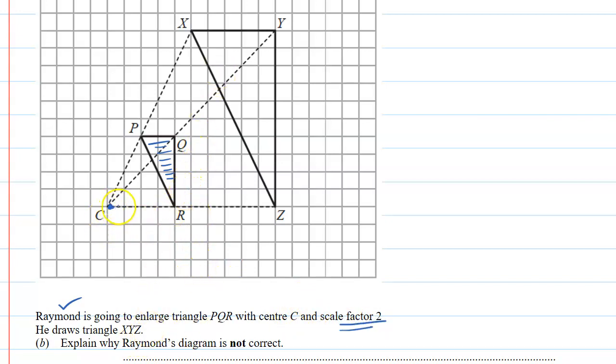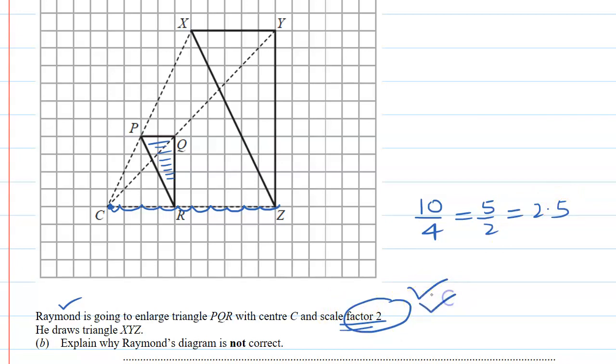If you see how many lines there are: 1, 2, 3, and 4. Total 4 distance here, then it will be 5, 6, 7, 8, 9, and 10. So the scale factor is 10 divided by 4, that is 5 by 2, which is 2.5. But what he is doing is using scale factor 2. So this is the problem. That's why Raymond's diagram is not correct, because he should be using scale factor 2.5, not scale factor 2.